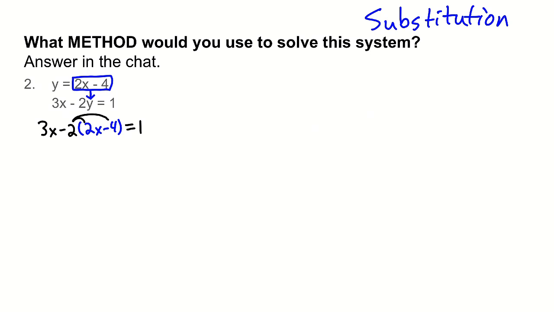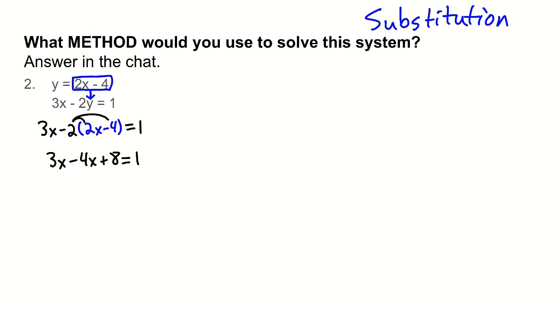distribution now. So we have 3x, negative 2 times positive 2x is negative 4x. Negative 2 times negative 4 is positive 8. And that equals 1. Next, I'm going to do 2 steps.